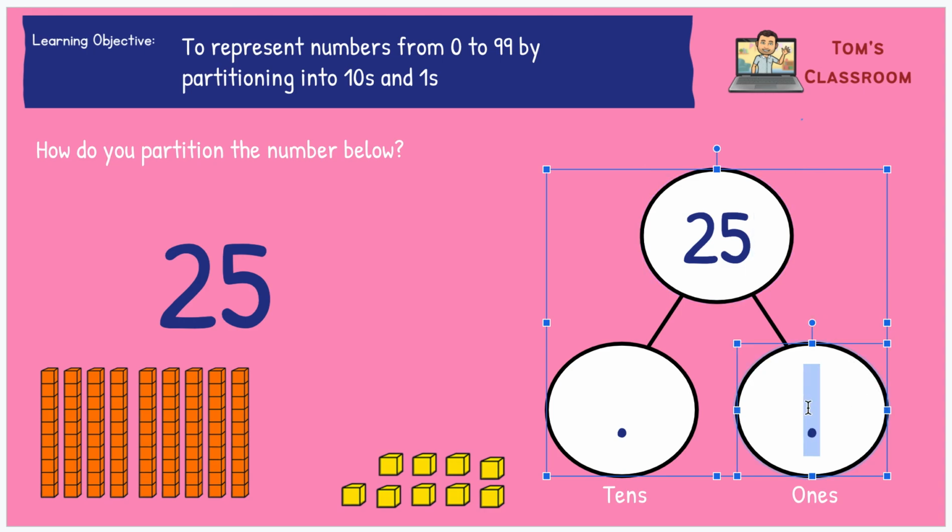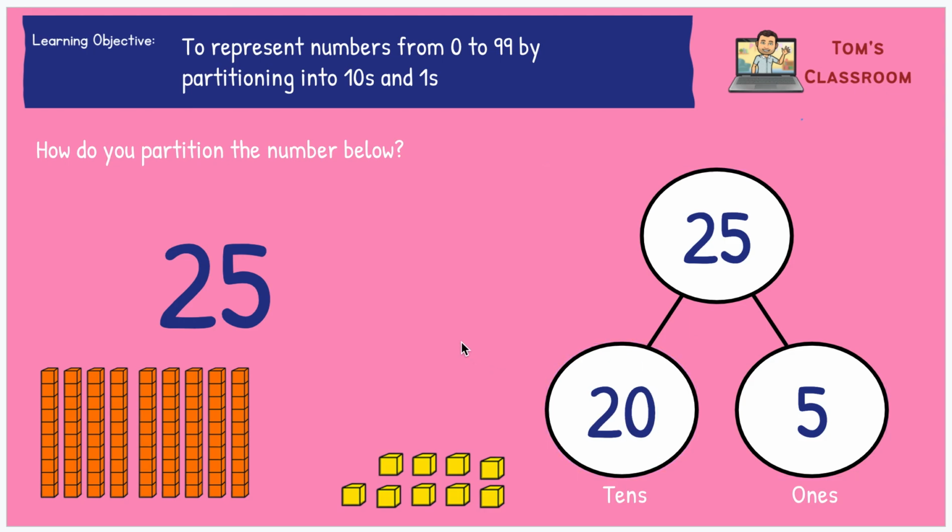And in the ones column, we have the number 5, so 5 ones. And in the tens column, we have the number 2, which means 2 tens. Let's count up in tens. 10, 20. So 2 tens gives us the number 20. So 25 is partitioned into 20 and 5.